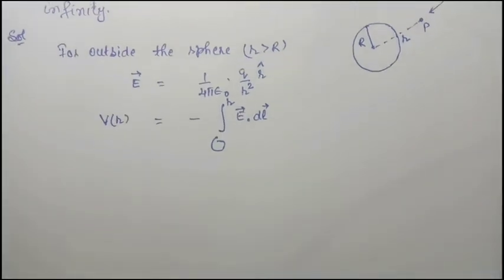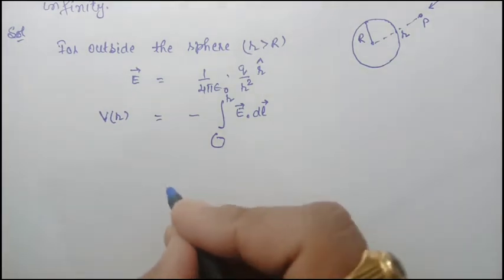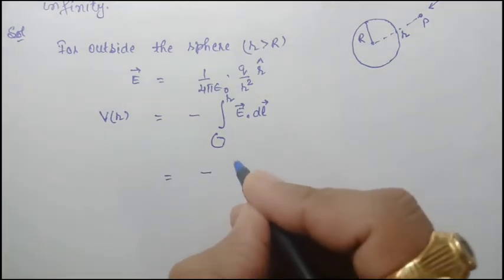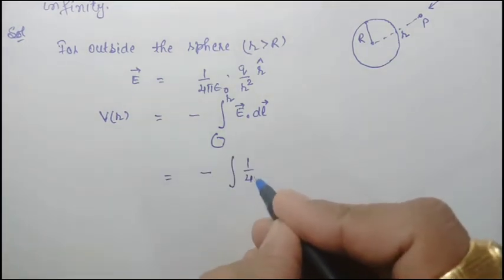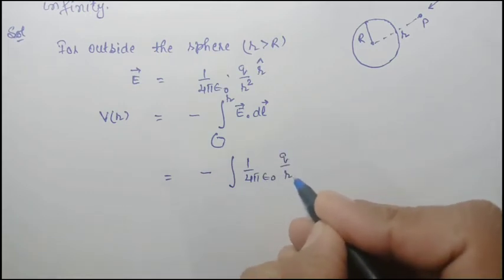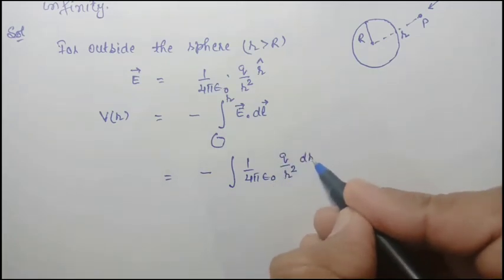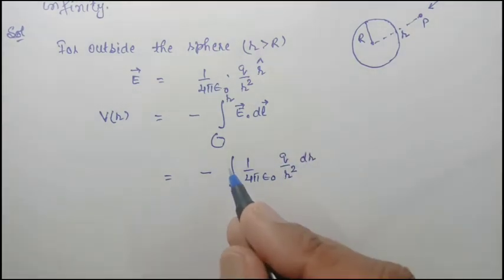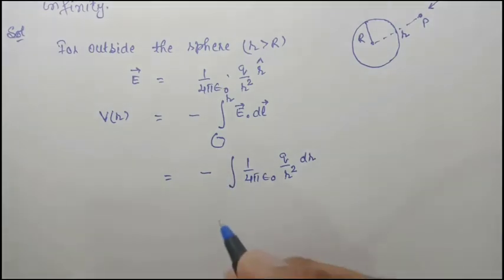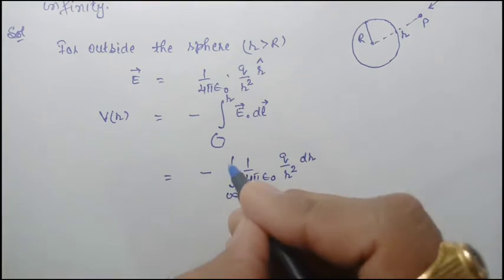Okay, now substitute the value of E here, so we can write minus 1 over 4 pi epsilon naught Q over r square. Here in place of dl we can write dr, and as per the problem we set the limit at infinity to r.